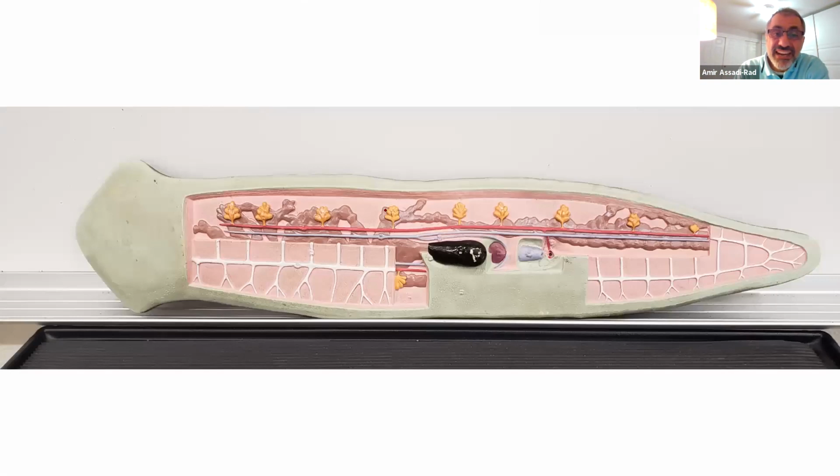Okay, this is planaria, and all of these are yolk glands. This is the gastrovascular cavity, nerve cord, transverse nerves. These are radial nerves, okay, and yolk duct, your pharynx, lateral nerves.